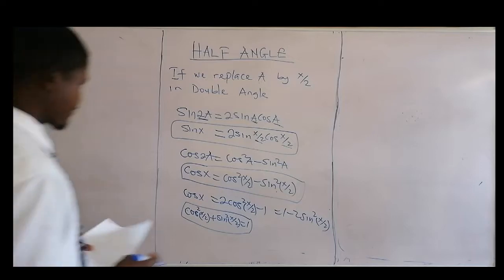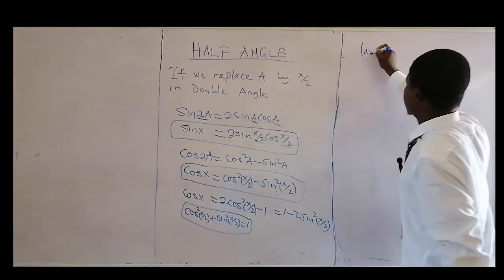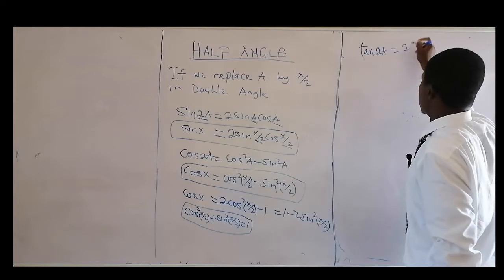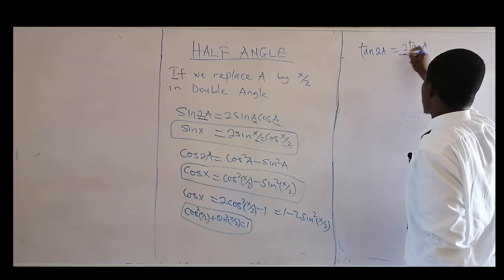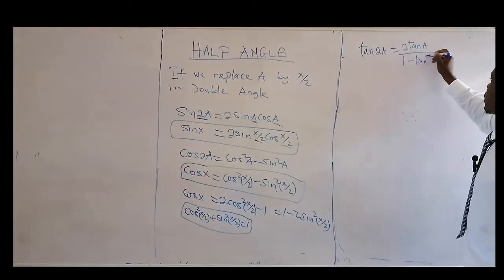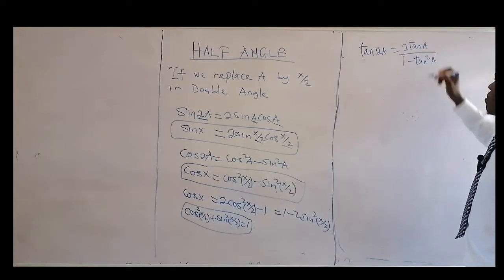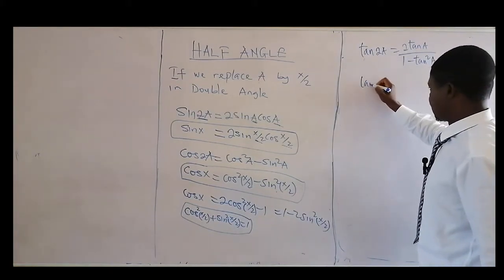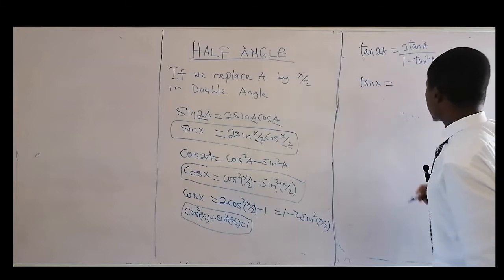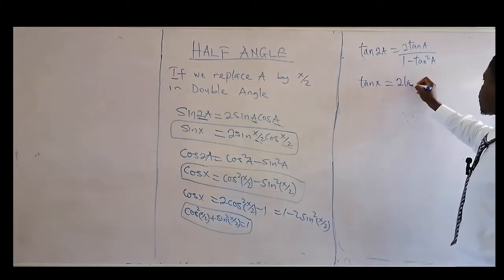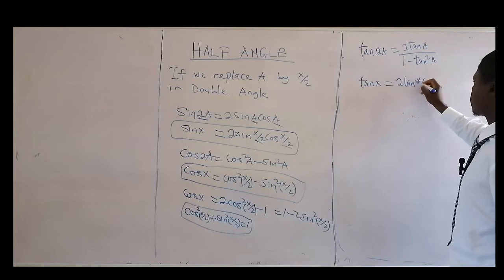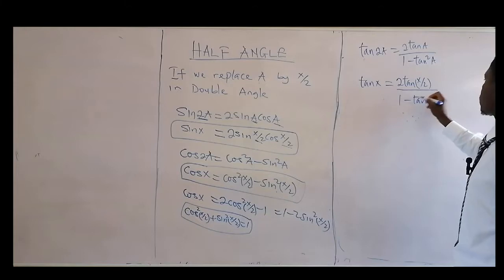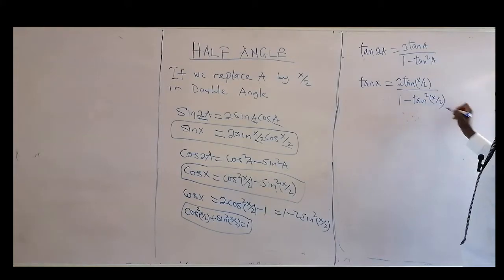Then let's get for tan x. Let's start from tan 2a, which is 2 tan a over 1 minus tan squared a. So we are replacing a by what? x over 2. So that will be tan x is equal to 2 tan x over 2 all over 1 minus tan squared x over 2.